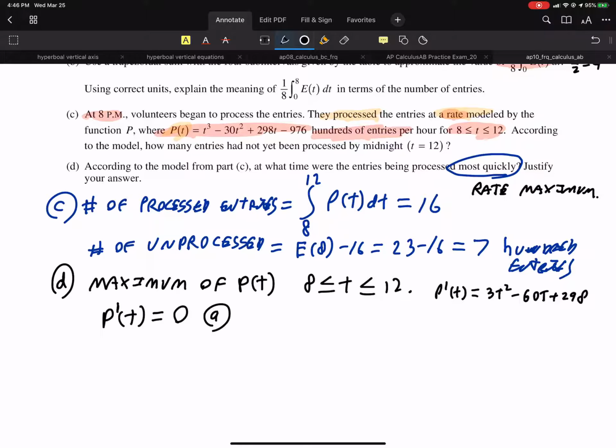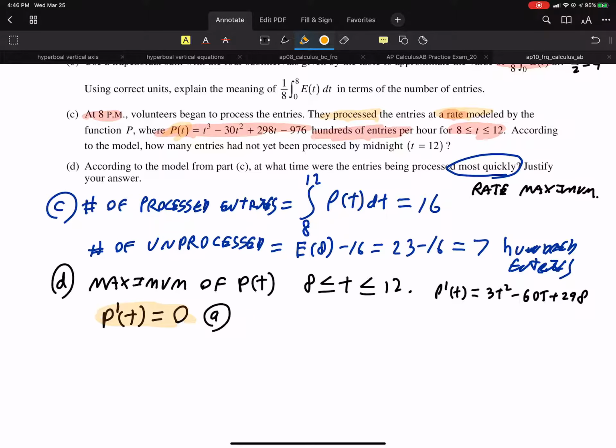Now two things are going on. You have to find the derivative and you have to set it equal to 0, but you're not allowed to do both of those at the same time on the calculator, I don't think.